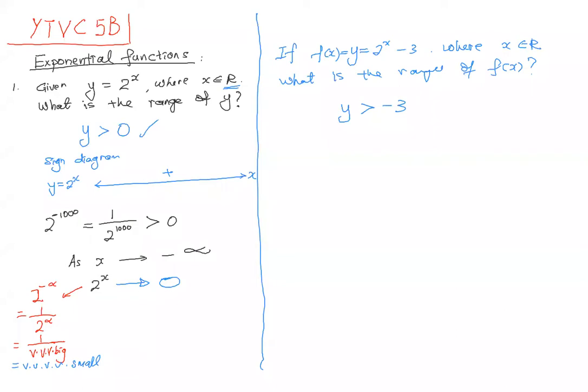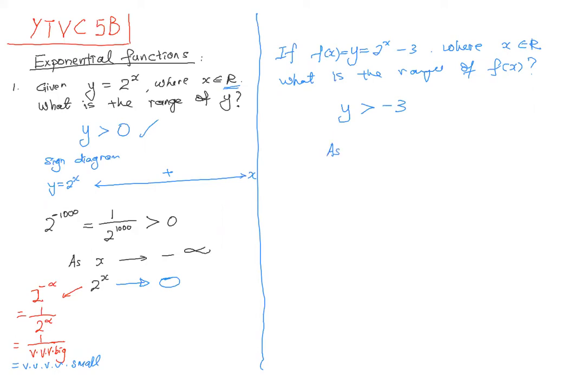So do you see, for this exponential function, another issue here is that the base is positive. If the base is negative, then it is a different story. Okay, so the same goes here.